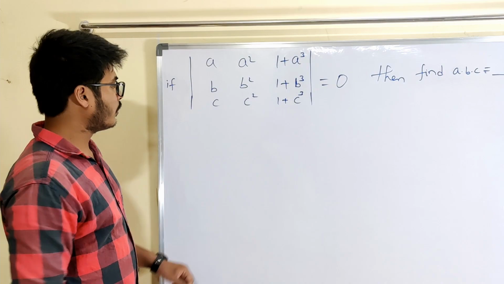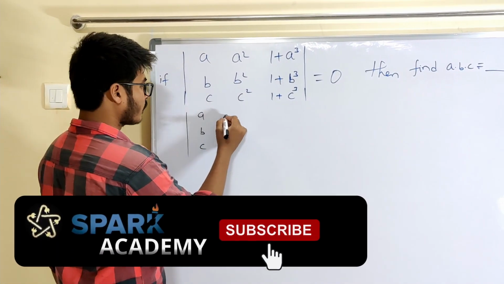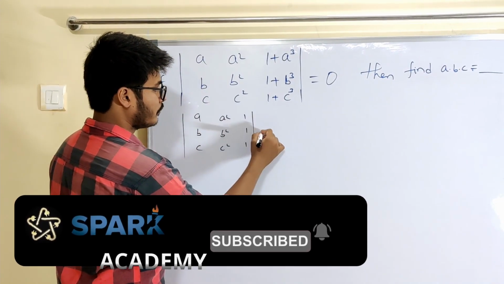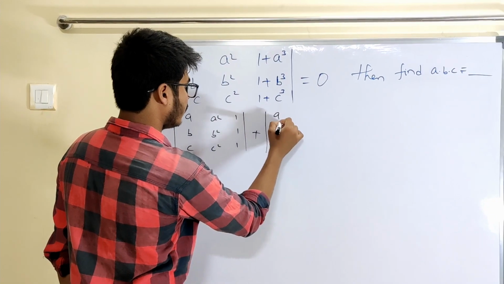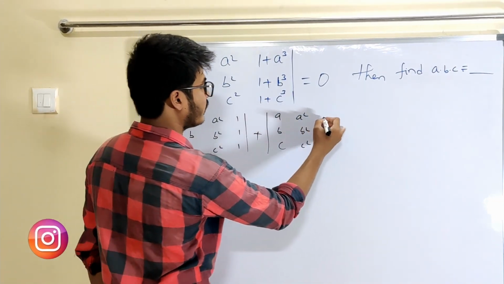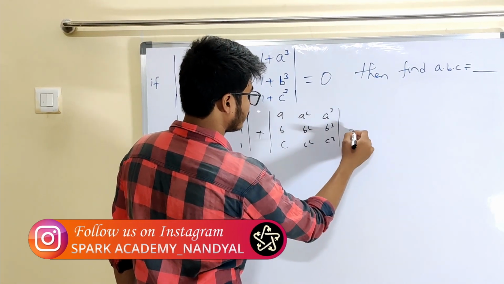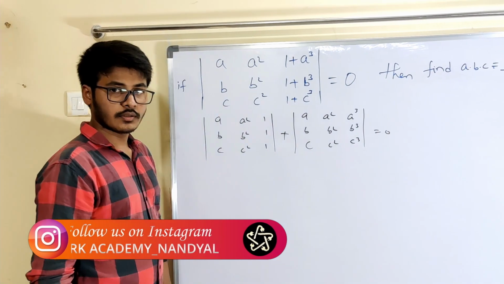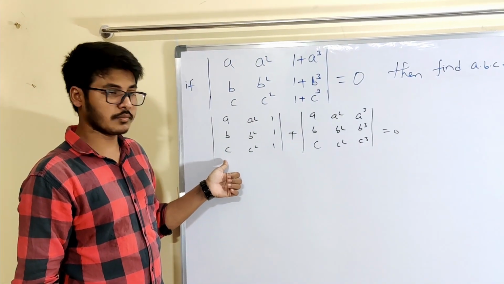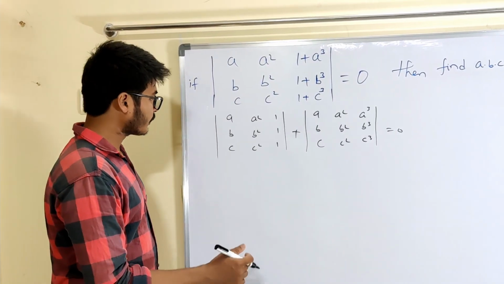Here the above determinant can be written as the determinant of a b c, a square b square c square, and 1 1 1, plus the determinant of a b c, a square b square c square, and a cube b cube c cube, is equal to 0. Now as you can see here, this is in the form of our previous example, but it is somewhat different. Now we will take it to that form.